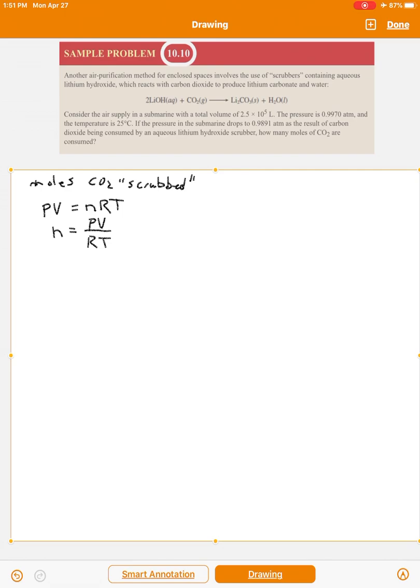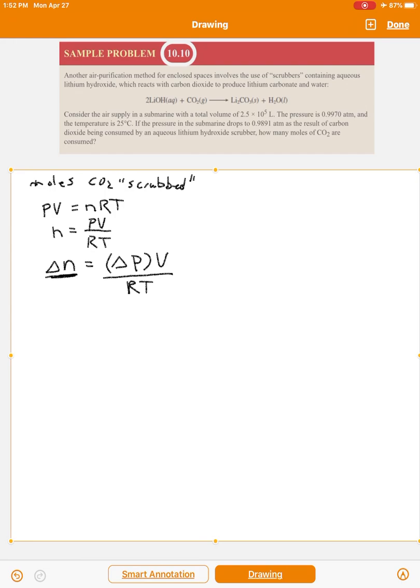It starts off as 0.9970 atmospheres, and it ends as 0.9891 atmospheres. So here's what we're going to do. We're going to say the number of moles of carbon dioxide that is absorbed, that is scrubbed, that's the change in the number of moles, would be equal to the change in the pressure, I'll put that in parentheses, times V over RT.